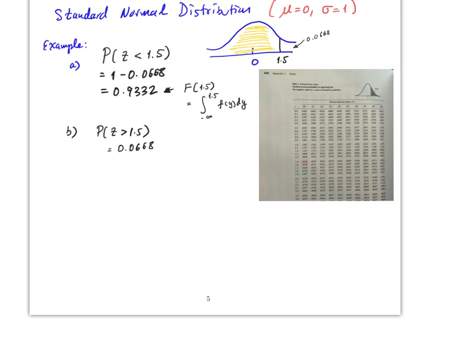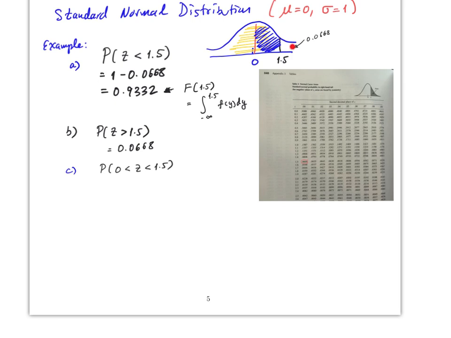Now using the same information, let's say that part C is the following. What's the probability that z is between 0 and 1.5? In that particular case, you only want this area in blue. But remember that this is 0.5, so is this.